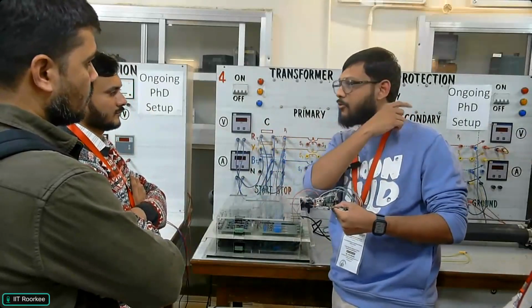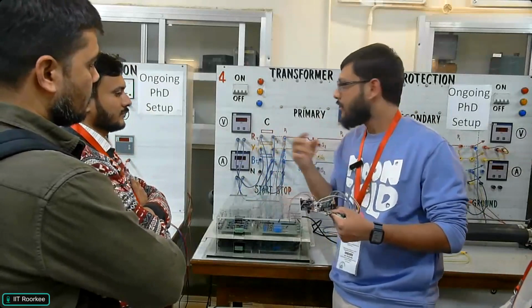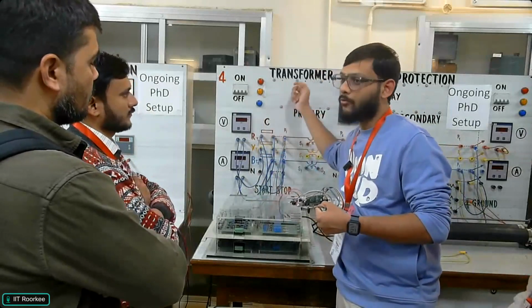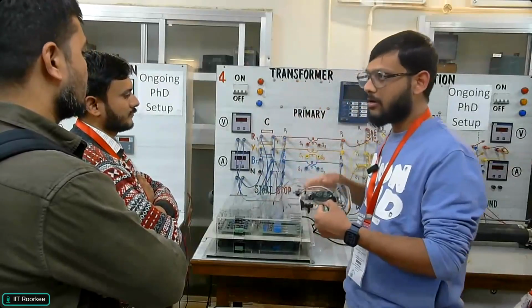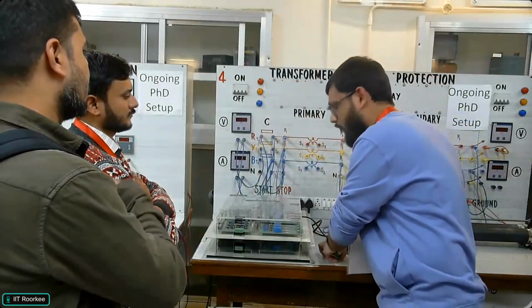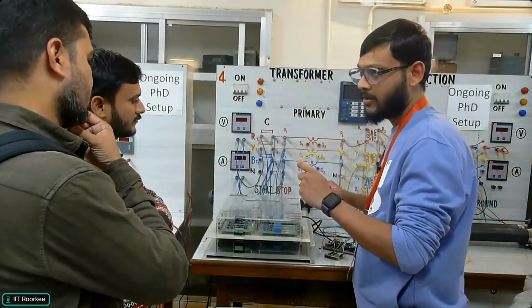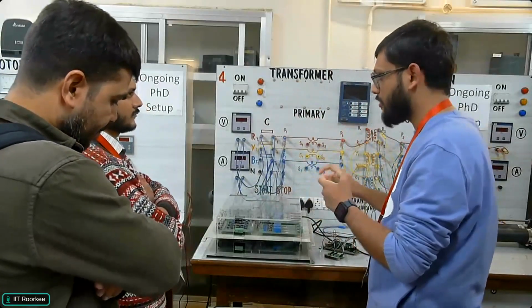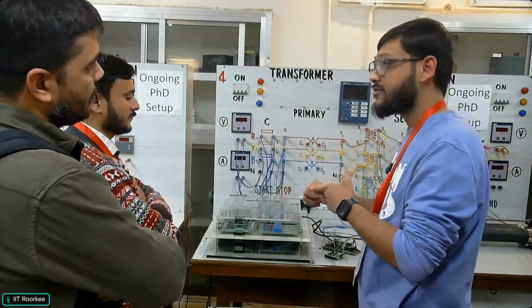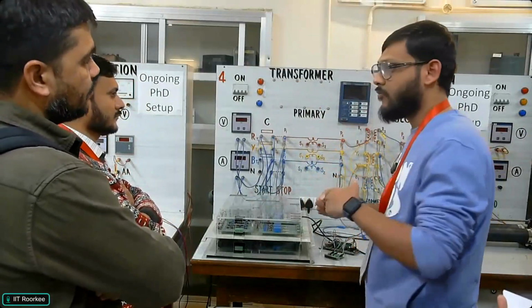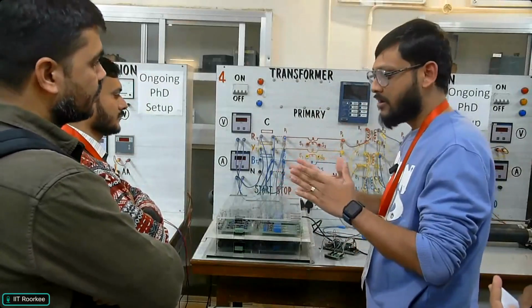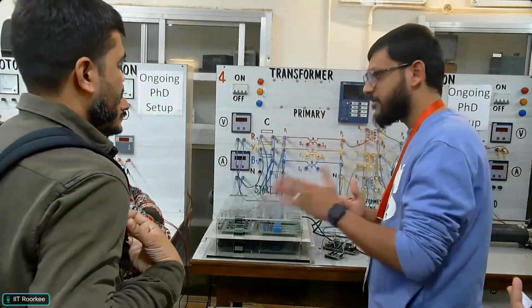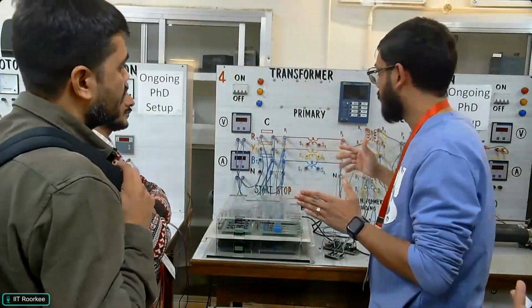The circuit breaker will be tripped, and this portion will be removed. So the complete operation for one protection cycle you can perform. You can check the response time of the relay, the response time of the circuit breaker, and also the fault clearing time from inception of the fault to the clearing of the fault.